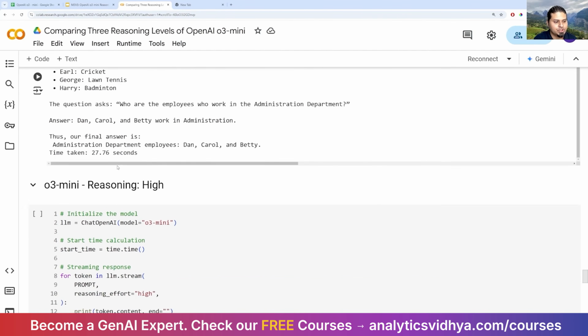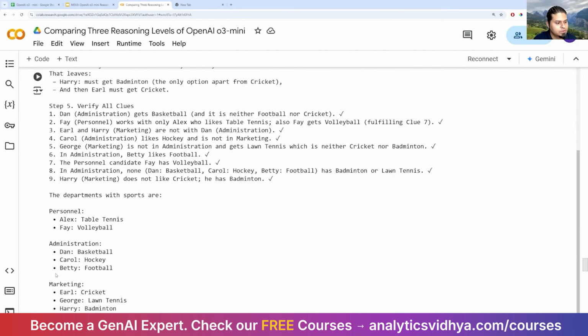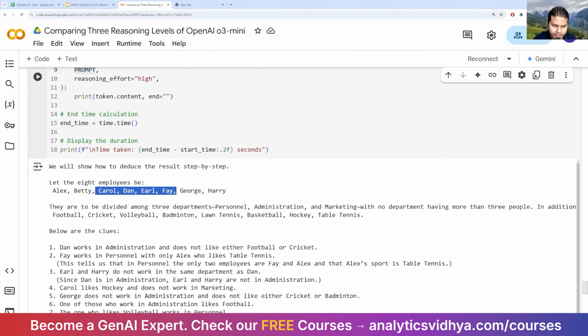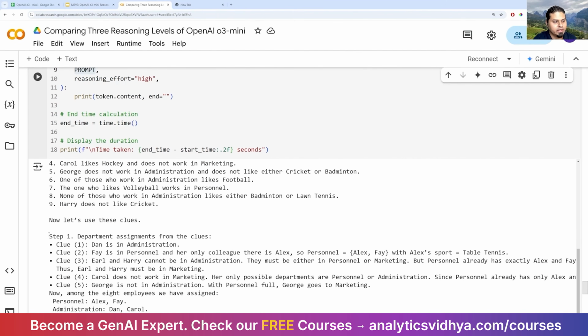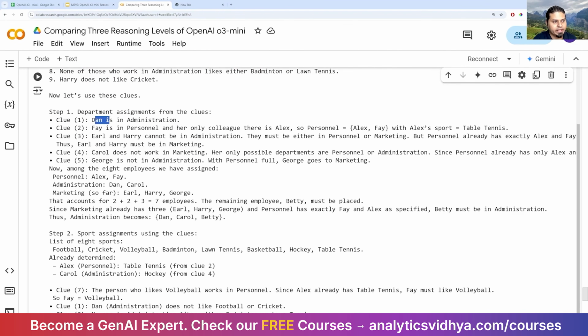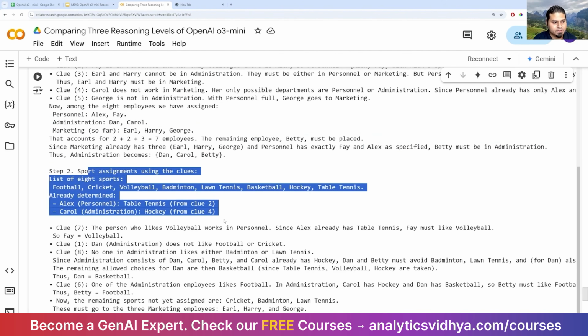And finally, let's check out how is the response for the reasoning effort level set to high in o3-mini for the exact same prompt. So in this case, it again starts with the employees, the departments, the clues, and then it starts looking at every person step by step, looking at the departments, also in this case, looking at the sport assignments.